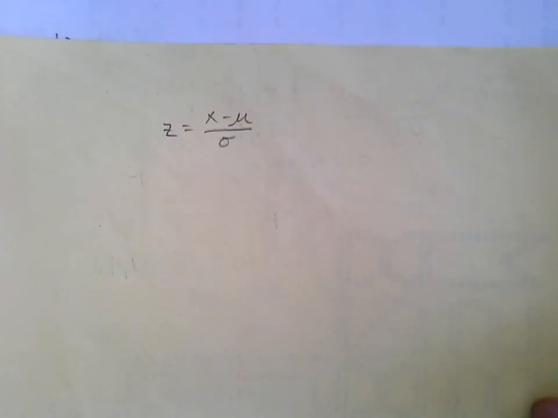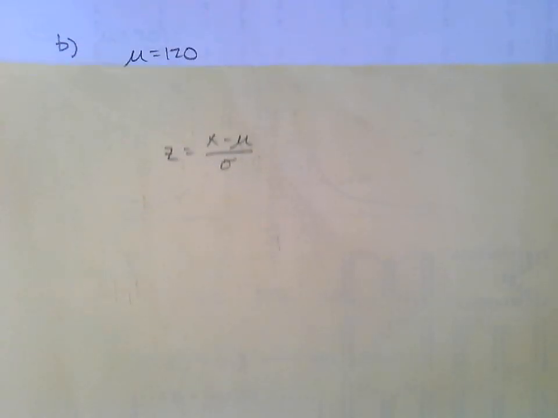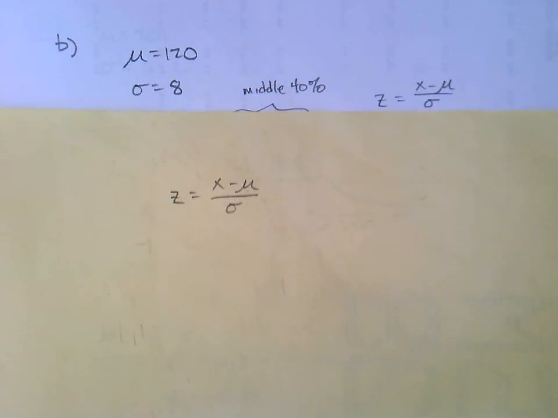Okay, so part B is very similar to part A, but there's a little bit more going on. For one, we have the same values for mu and sigma, right? And again, they give us a percentage.